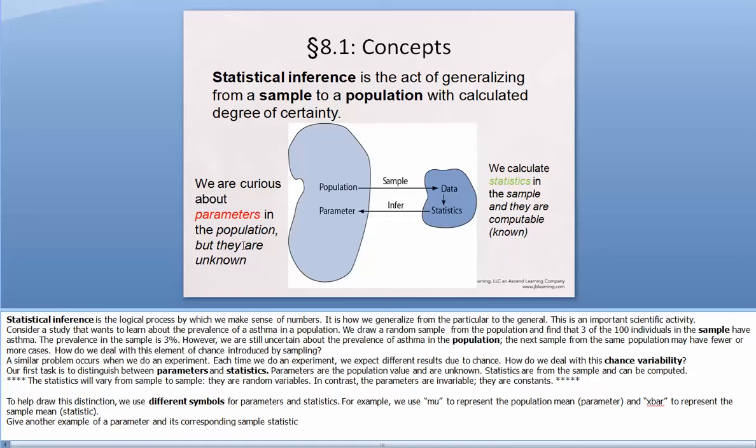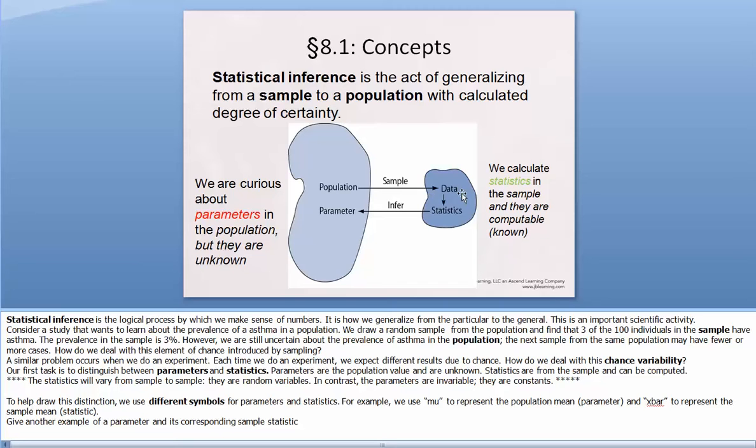So if these parameters, which are very important to us, which we are very curious about, are unknown, what do we do? We try to estimate them by making use of a small sample. So now we take a small sample. The sample will have data. Think in terms of GPAs.